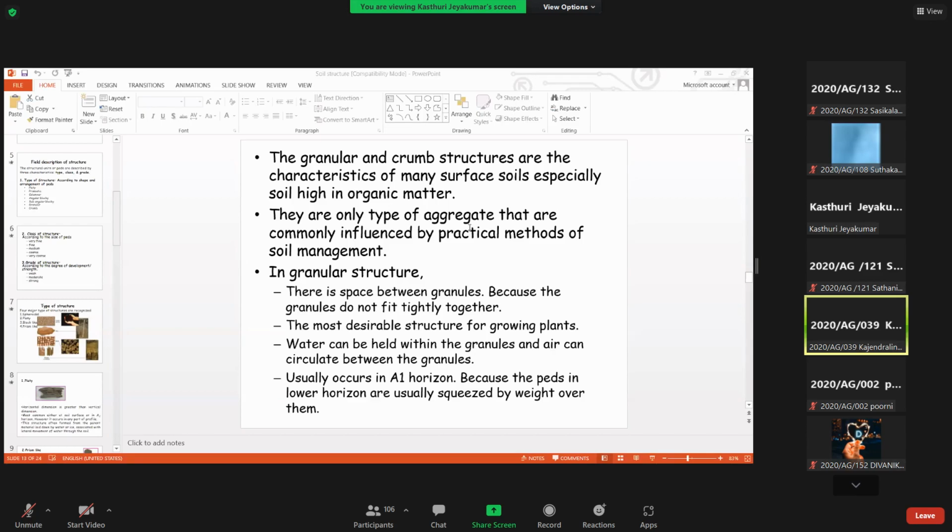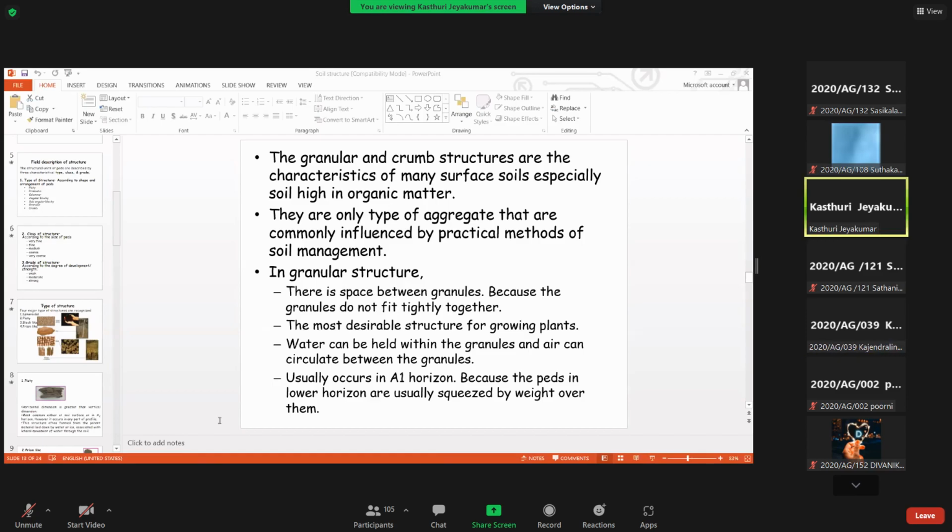Grade of structure: moderate, strong, weak. There are four major structures we recognized: platy, block-like, prism-like. That's all from me.